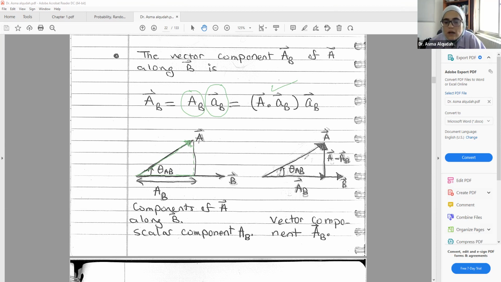But if we want to find the vector projection of A along B, this is A again, and the vector projection is this vector from A along B, and it has this arrow to indicate that this is a vector and it has a direction. And this perpendicular vector from B to A represents A minus A sub B.